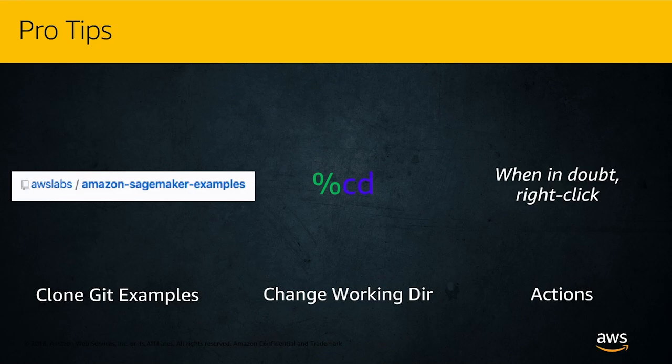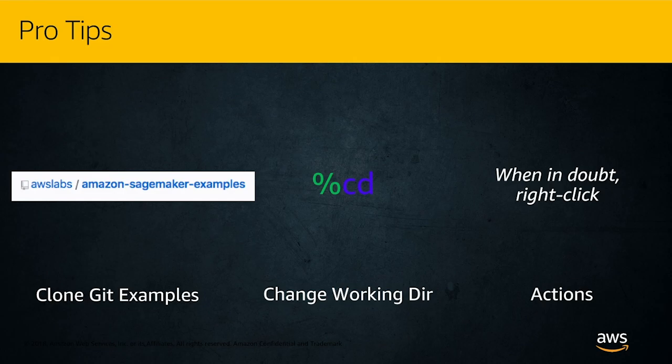Second thing to keep in mind is that Studio doesn't handle working directories exactly the same way as on the SageMaker notebook instances. So you want to keep track of where you are in the operating system, and if you're getting an error on one of the examples, just make sure that you change into the relevant working directory.